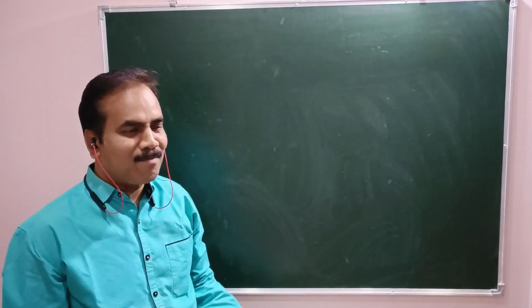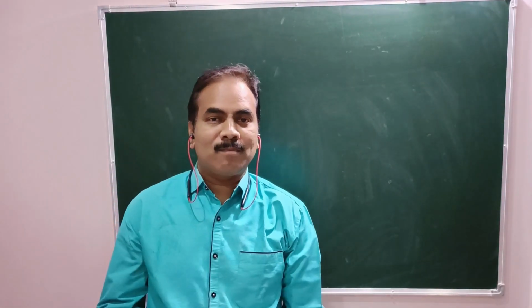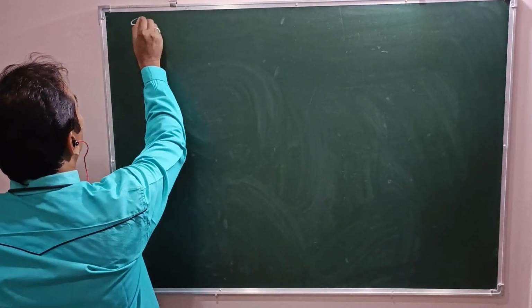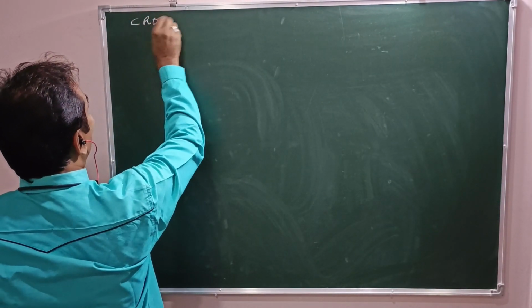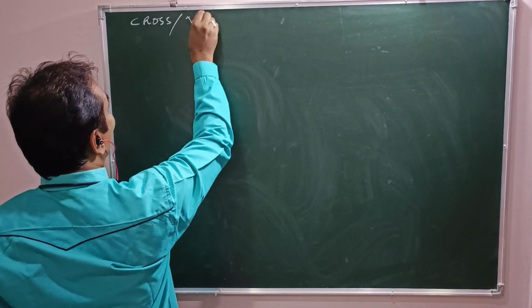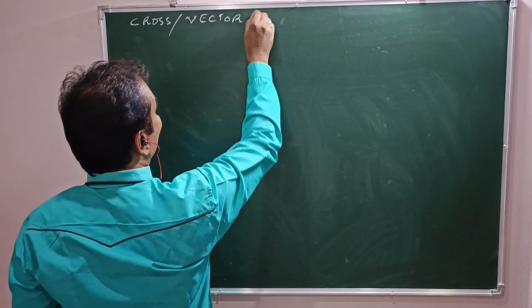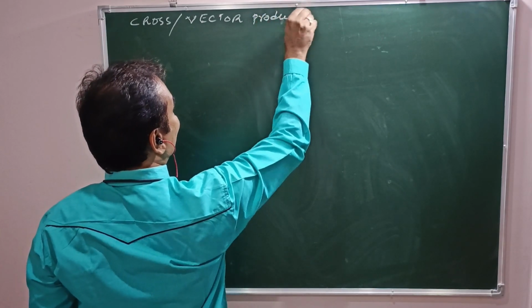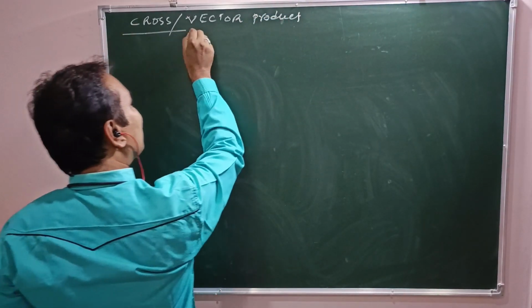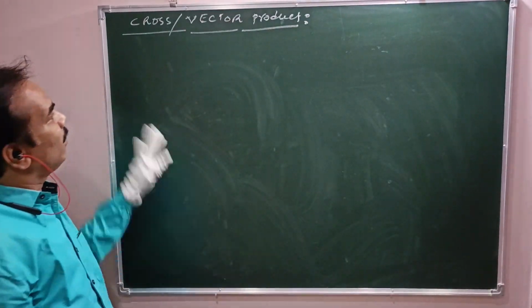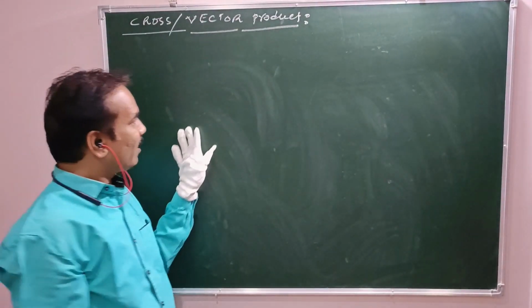That kind of multiplication is said to be vector product or cross product. Cross product or vector product.